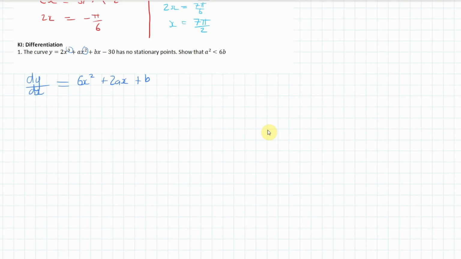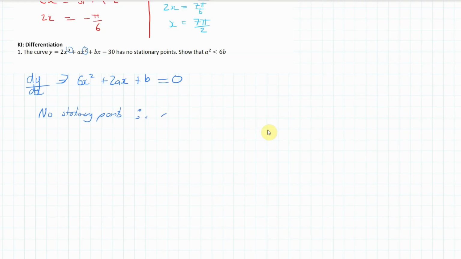Now, we have to show that in this case, no stationary points, which means that for the equation 6x squared plus 2ax plus b, there will be no roots for that.